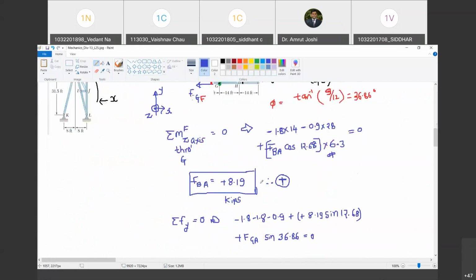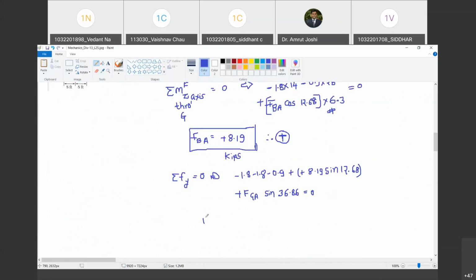Great. So now can you tell me the value of FGA? Similarly, as with the earlier answer, this answer also needs to be cross verified by some of the other students.